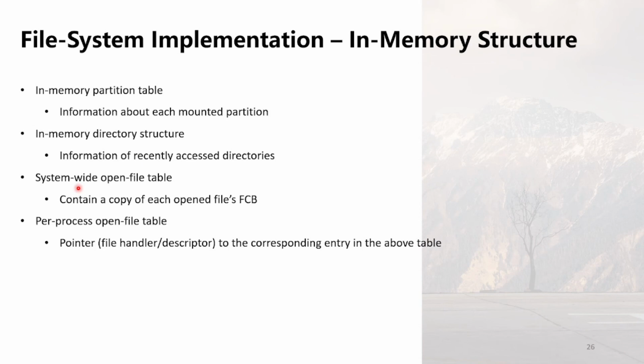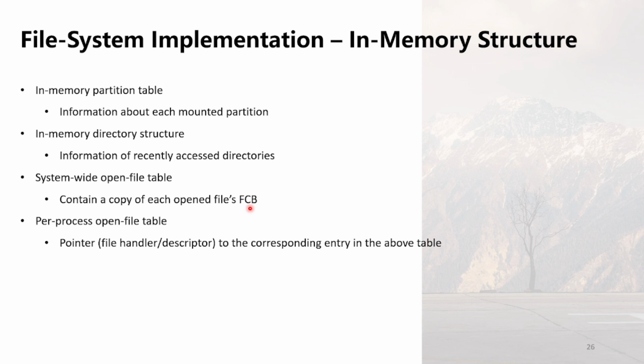When we find the desired file through the directory, the next step is to load the system-wide open file table into memory. In this table, we store the FCB, file control blocks, for each file we want to open.